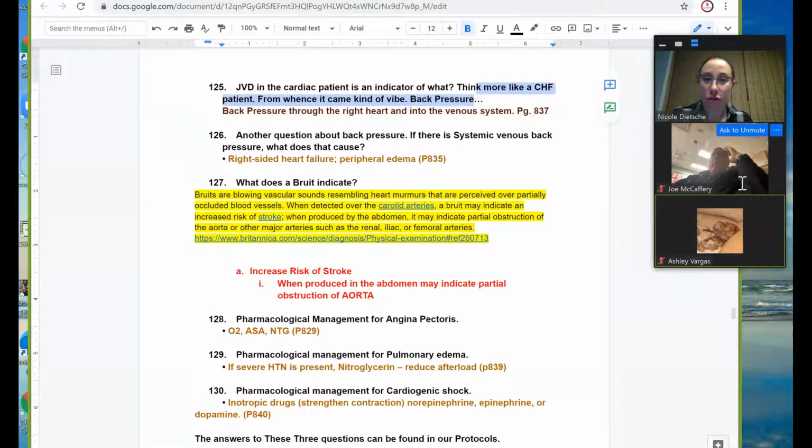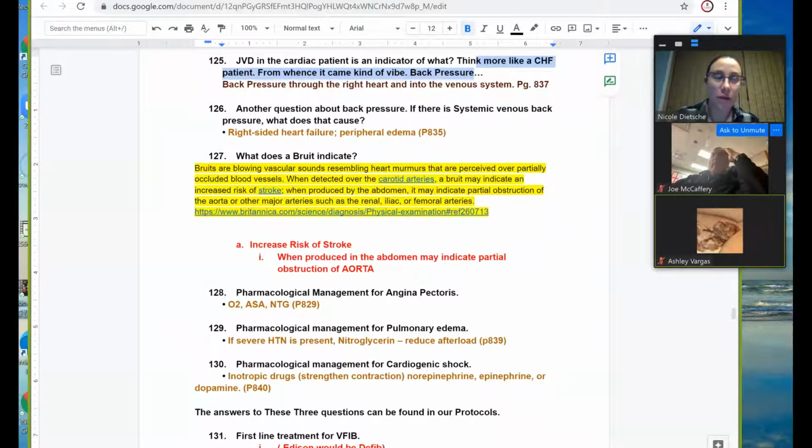Again, back pressure, right? We just talked about that. Always remember that if you have a problem with one side, it's going to go back from where it came.